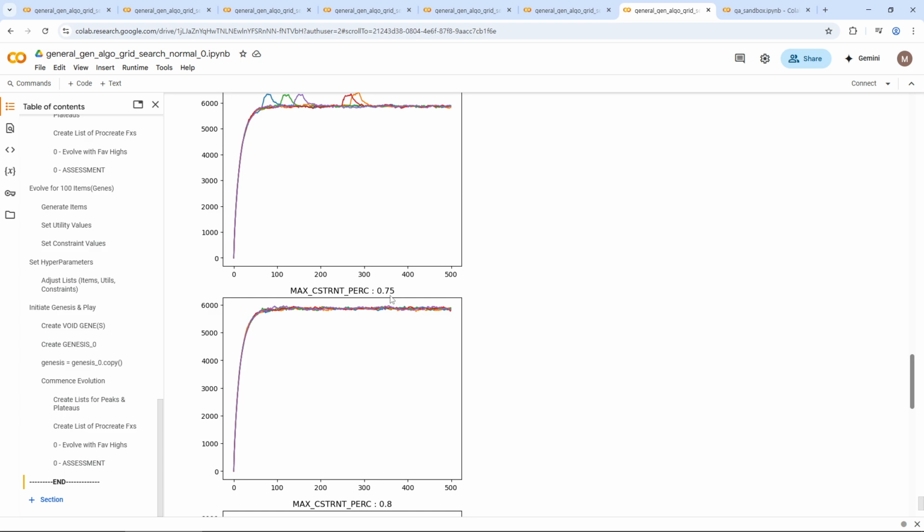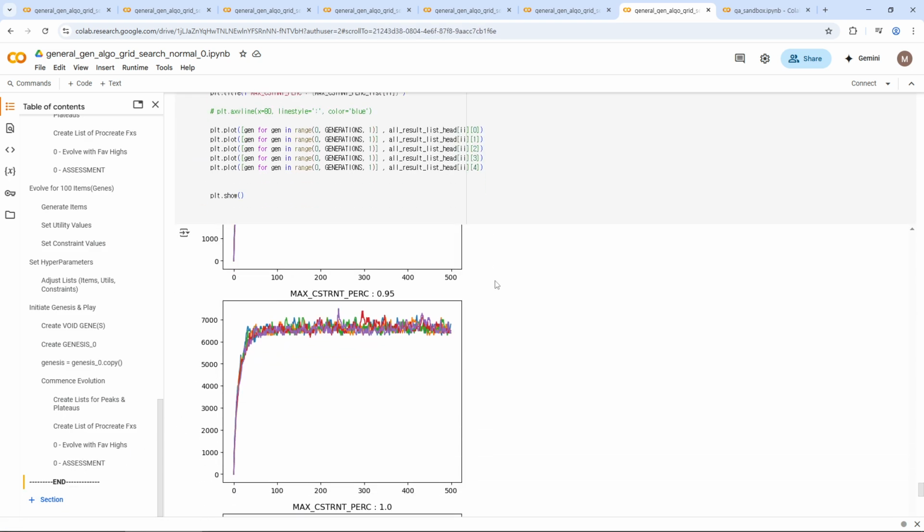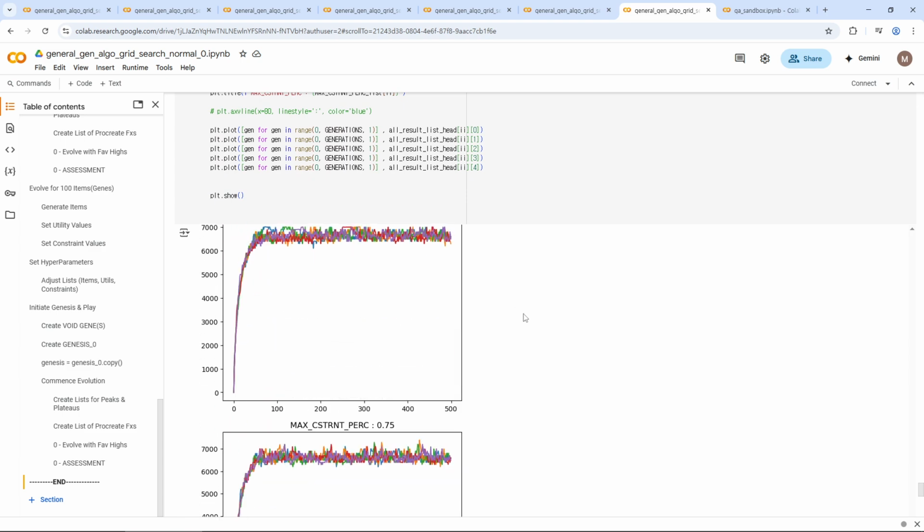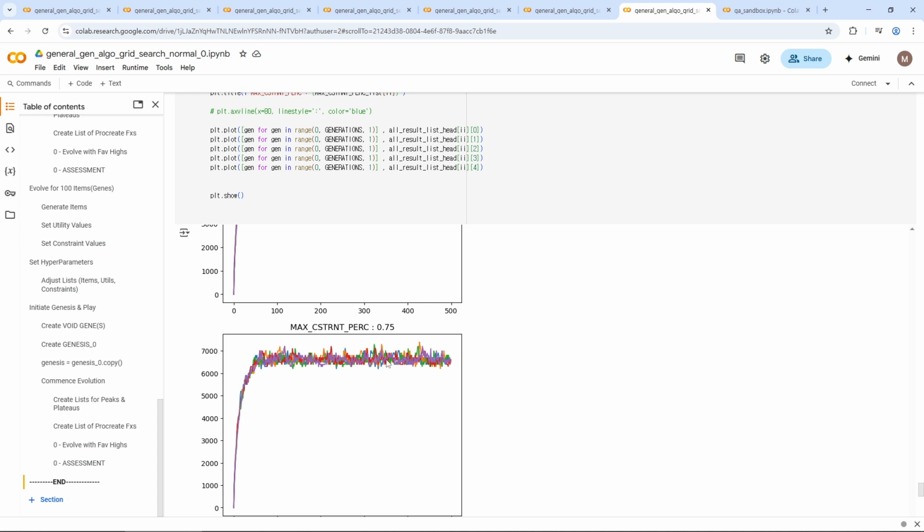Well, let's have a look at the top values when at 75. At 75, it never happened. The top entity, or the top entities per generation, some of them should have reached 7,500, and it never happened.